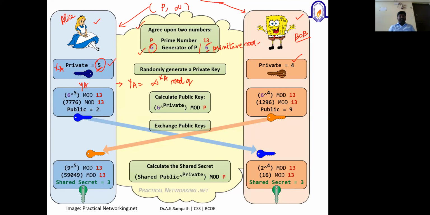Here the alpha value, selected as a common global value, is 6. So 6 raised to 5, where 5 is the x of a, which is the private key. So 6 power 5 mod 13, where 6 power 5 is 7776, mod 13. Here we will get the public key, which is y of a. So what is the y of a value? It is 2. I hope this is clear till this part.